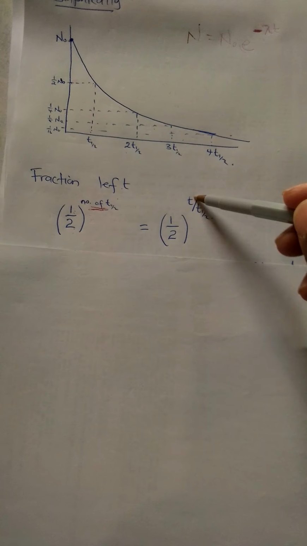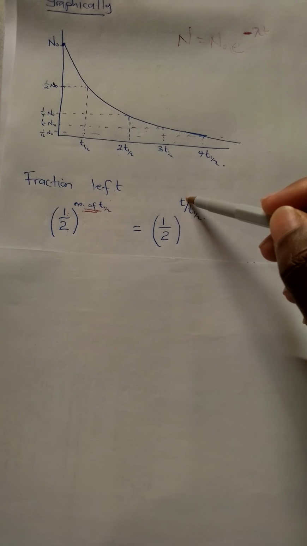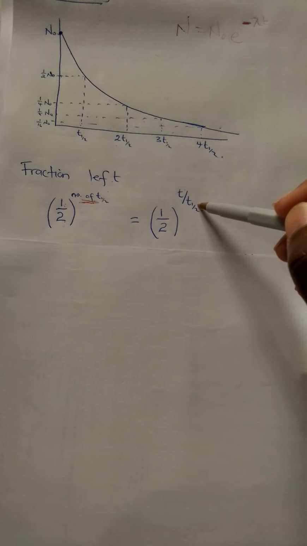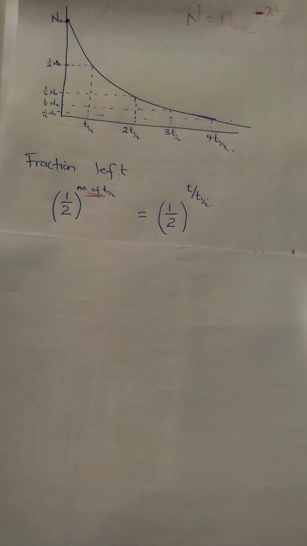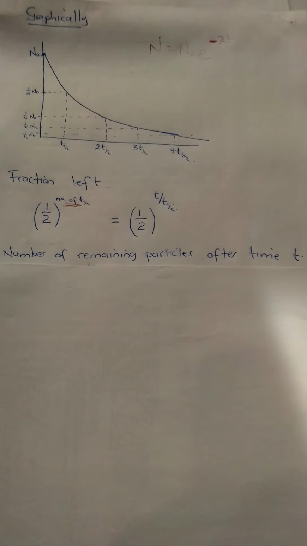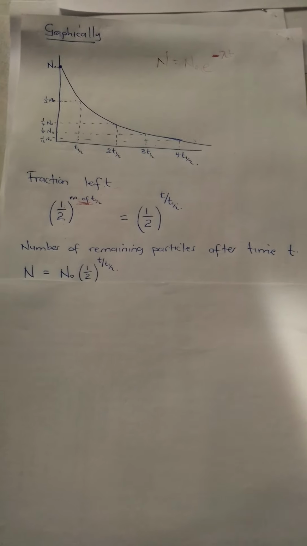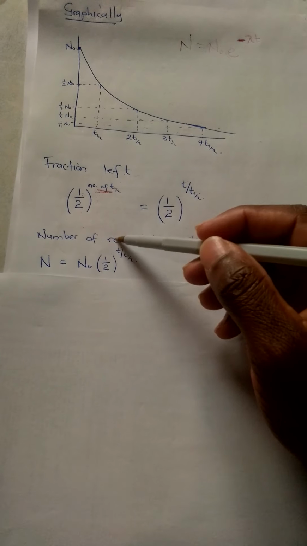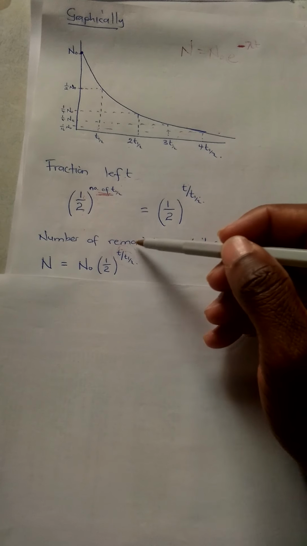The number of half-lives is the amount of time divided by the half-life itself. It will give us the number of half-lives, such that we are going to get the fraction that is remaining in the sample. So we can use this one to calculate the number of remaining particles after a certain time t, which is n equals to n naught half to the power number of half-lives, which I said is t over t half.